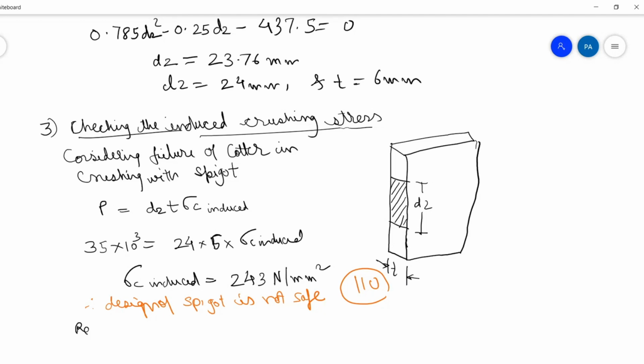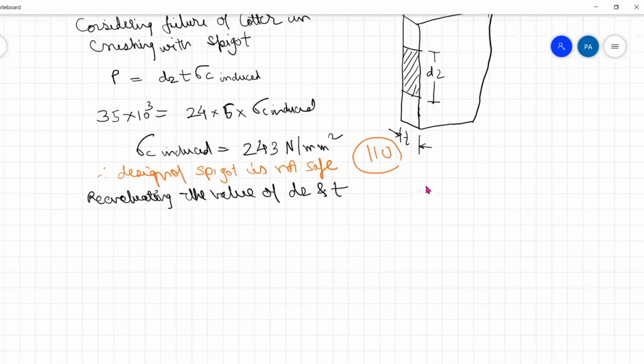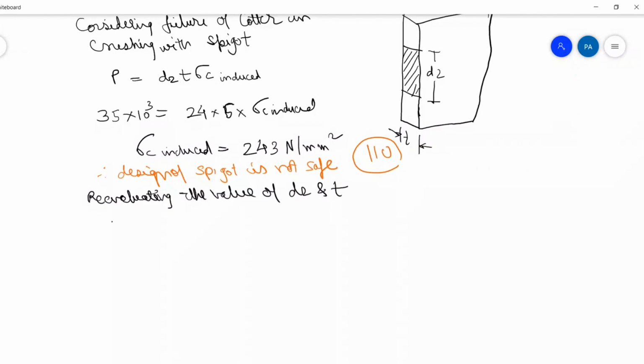Re-evaluating the value of D2 and T. Now how will we re-evaluate the value? We'll again use the same formula, P equal to D2 into T into sigma C. Now I'm not writing here sigma C induced.